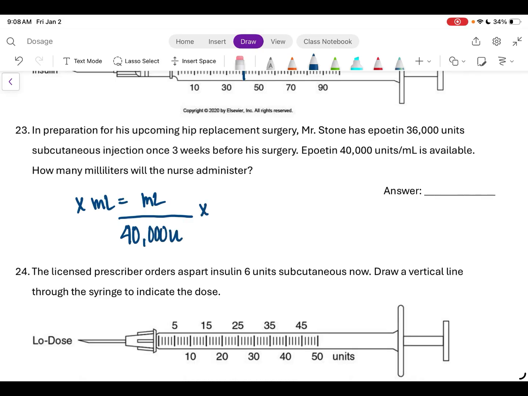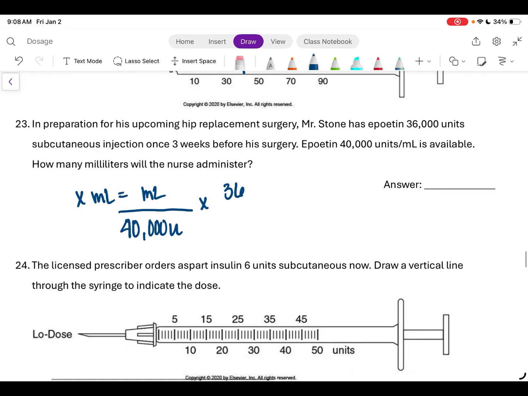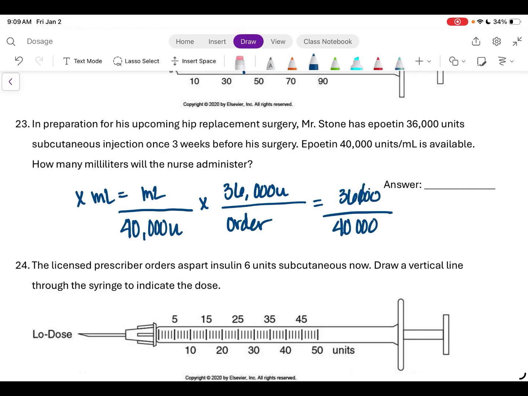And we have to give Mr. Stone 36,000. That's our order. So this is 36,000 divided by 40,000. If you're comfortable with canceling out the zeros, you can do this, making this 36 divided by 40. 0.9 is your final answer.